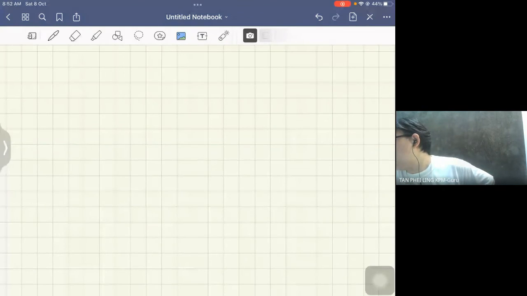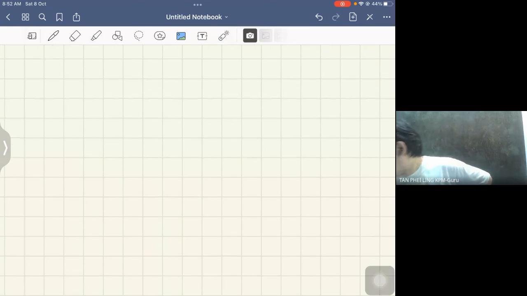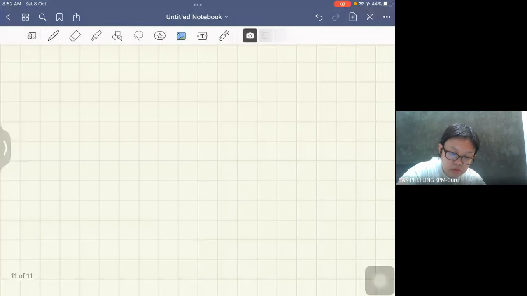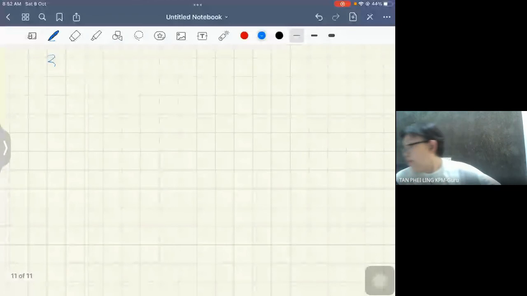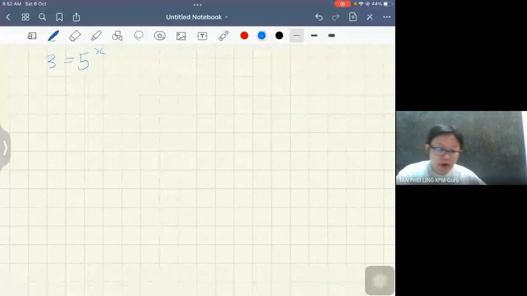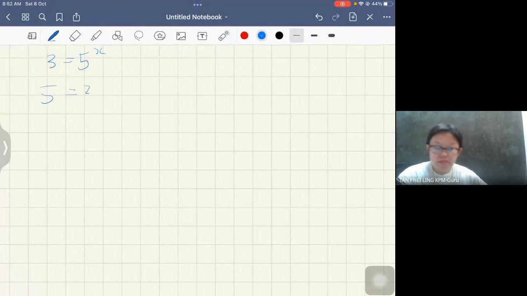Let me check that. 3 equals 5 to the power x, and 5 equals 3 to the power y. Okay, so they want you to find what is xy. That's the question. Okay, so how do we do it?